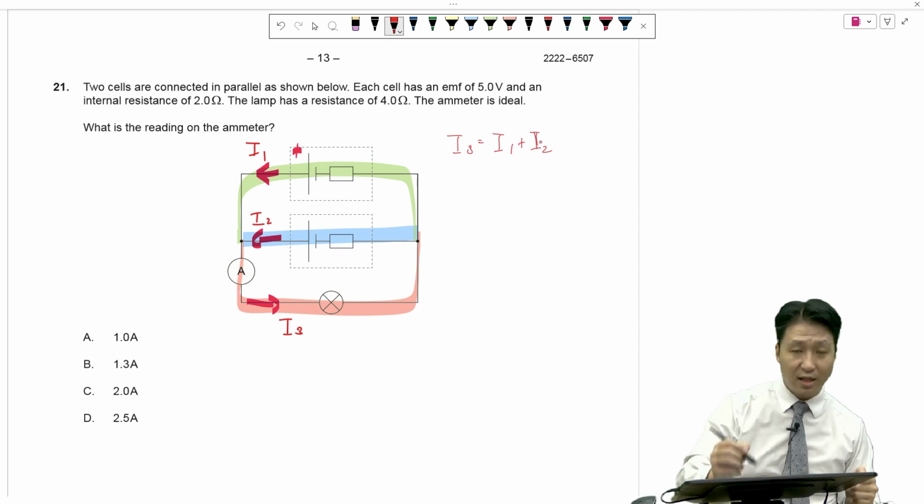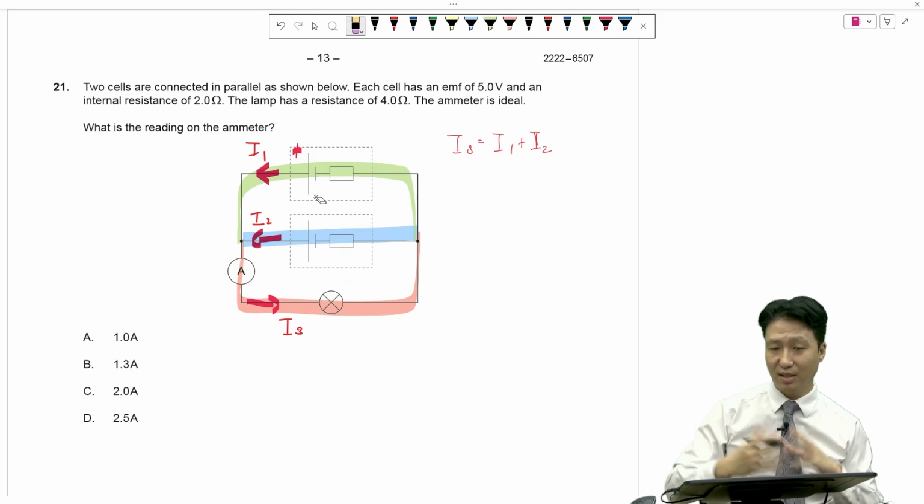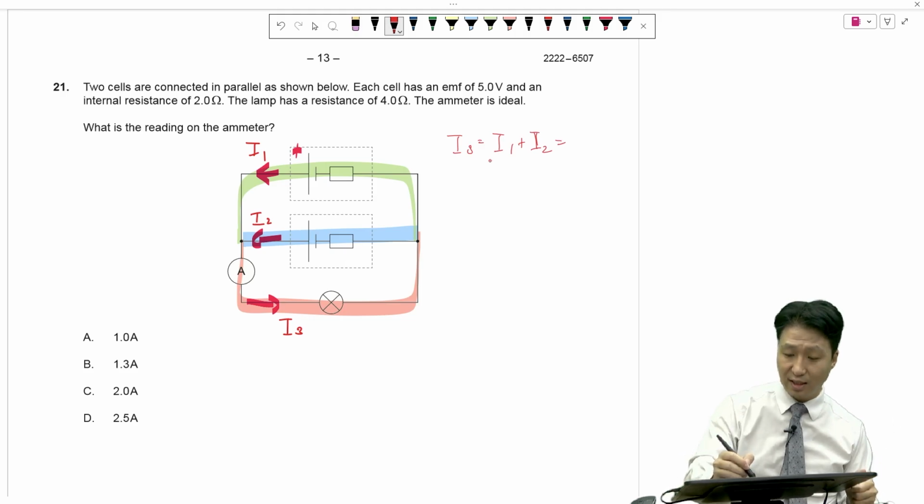Okay. In order to simplify this, we also know that the top green wire and the blue wire have exactly the same things. They should be kind of symmetric. So we can say that I1 and I2 are equal, which means we can simplify this as just I3 is equal to 2I1.